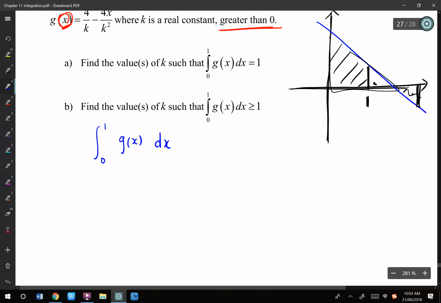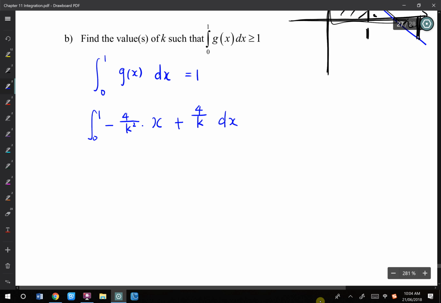So the integral from 0 to 1 of gx equals 1. So you want to integrate, okay, what do you want to integrate? What I want you to do is separate the actual constant and the variable. Even though we have k, we don't antidifferentiate k, we just antidifferentiate x. We treat k as a number, like 2 or 1.